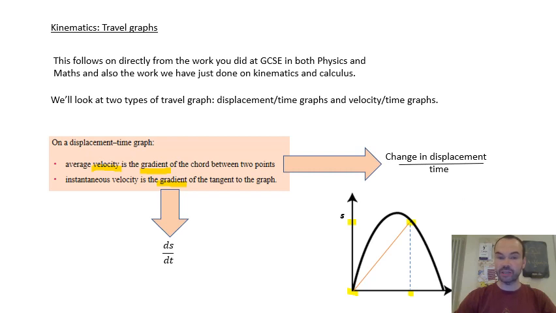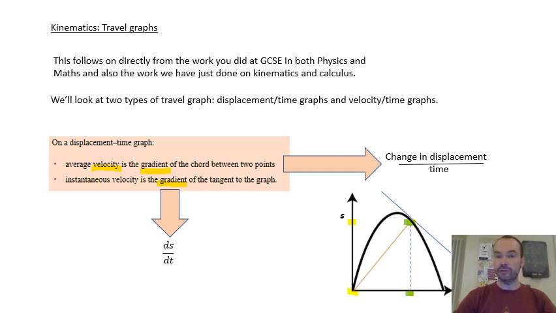If I want the actual velocity at this point here, at this time, I would have to fit a tangent to the curve and work out the gradient of that line there. So average velocity over time will be the change in displacement divided by the time. Velocity at a point will be the gradient of the curve at that point.